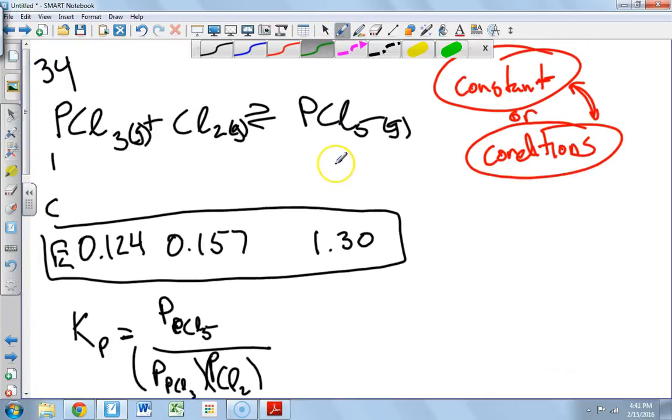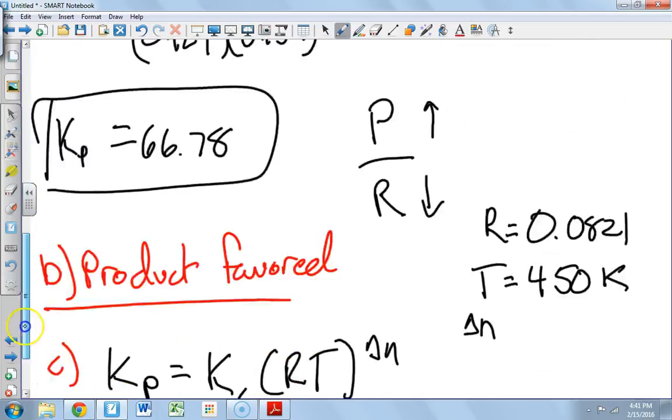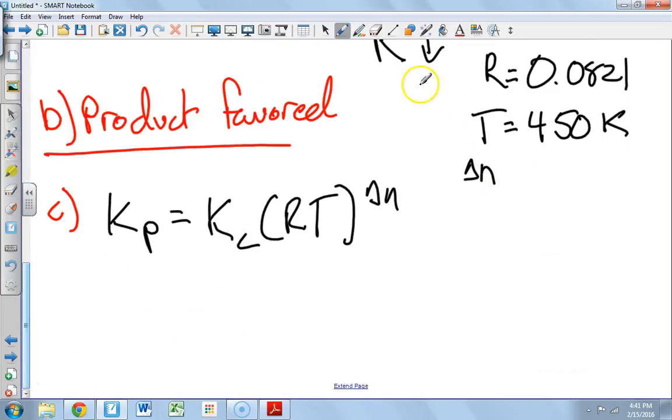The coefficients are 1, 1 and 1, so the number of reactants is 2 and the number of products is 1. So delta n is 1 minus 2, which equals negative 1.